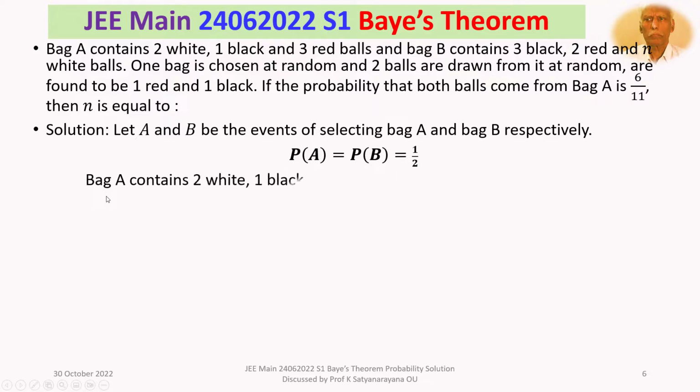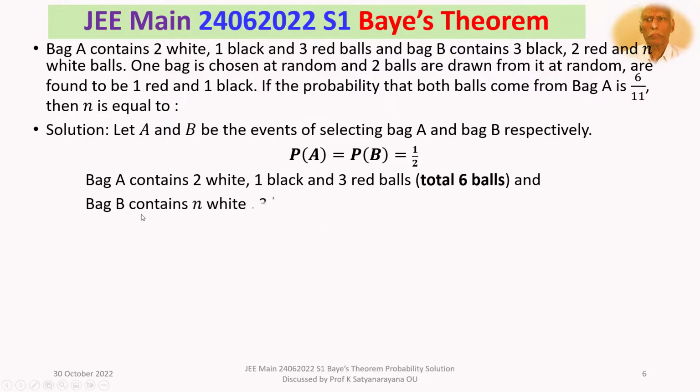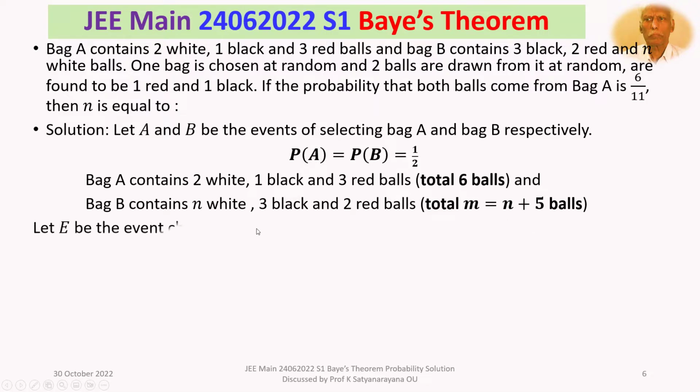Bag A contains 2 white, 1 black, 3 red balls, so the total is 6 balls. Bag B contains n white, 3 black, 2 red balls. The total is denoted by m and that will be equal to n plus 3 plus 2, that is n plus 5. Let E be the event of choosing 2 balls, 1 red and 1 black.